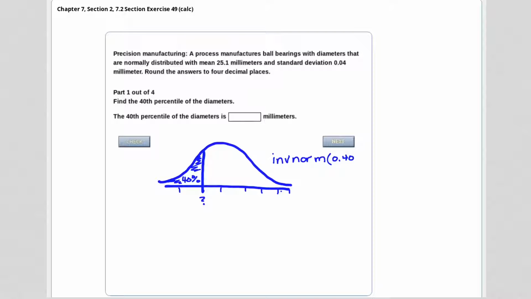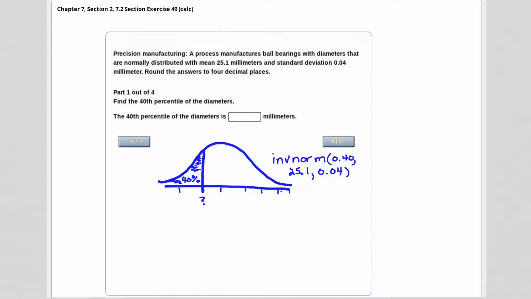That's really important, that it has to be the percentage on the left. Not every question is going to give you the percentage on the left, and you may have to figure that out. So we've got 40%, comma, and then I put in the mean, 25.1, comma, and then the standard deviation, which is 0.04, and close my parentheses.